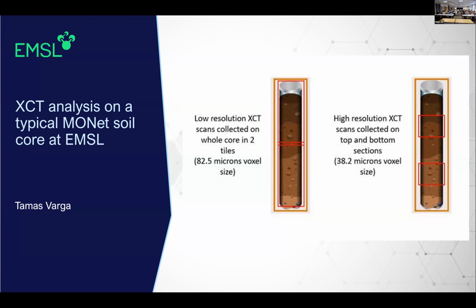PNNL does have a few micro CT scanners, and we did use the one in 3410 for some soil samples, including user proposals like Marcus Perry's project, but it is limited in size. So even though it's a micro CT, the sample size is much smaller. If you want to get 2 micron resolution, then your sample size is basically 2-3 millimeters wide.